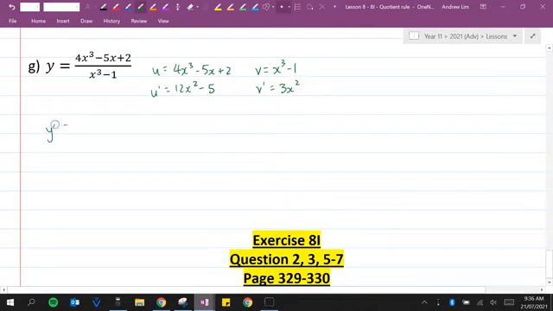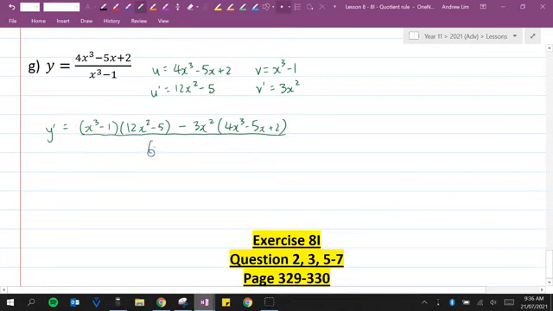So y dash is equal to vu dash minus uv dash all over v squared. Let's expand the brackets.